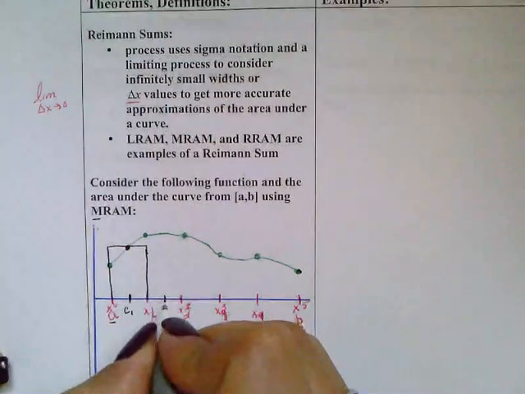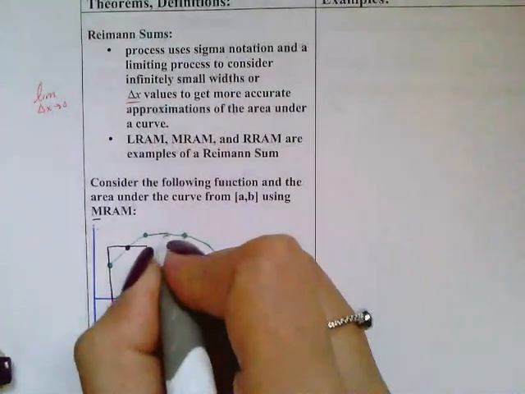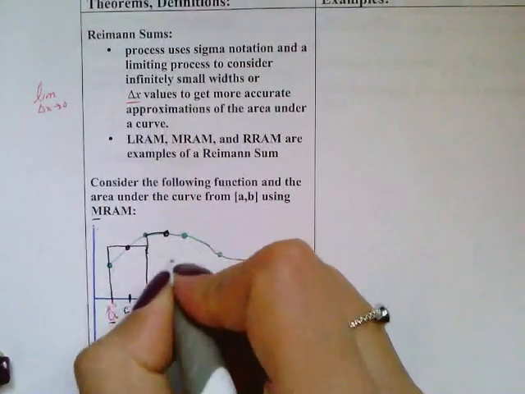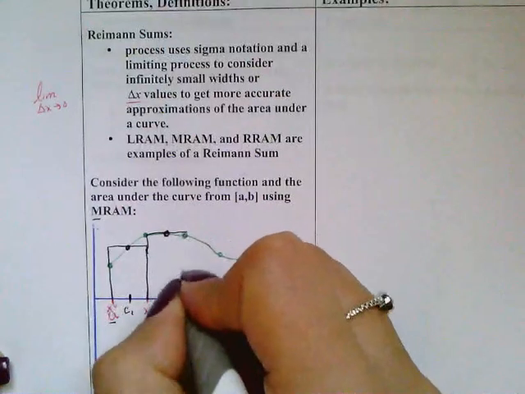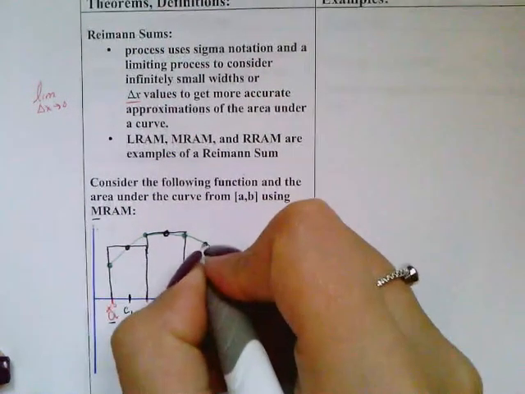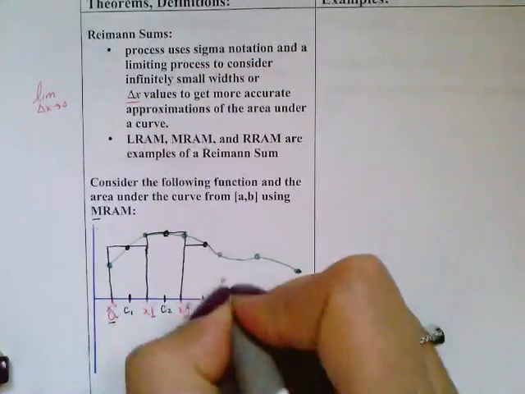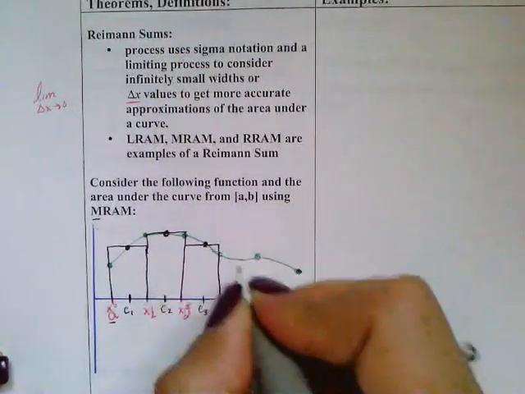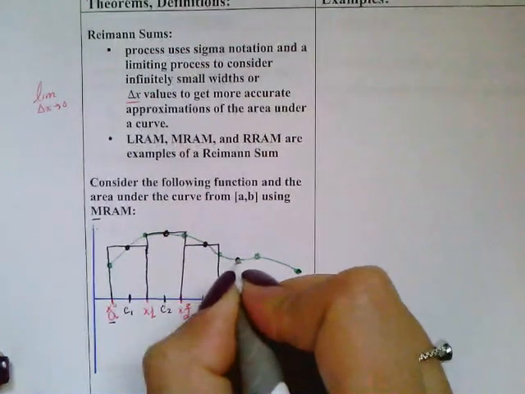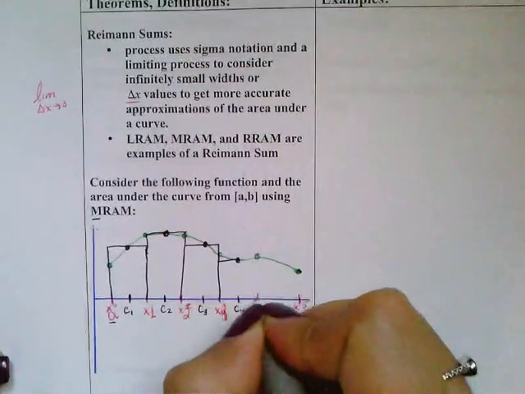Okay, I'm going to do the same thing for C2. Here's the midpoint, and now I'm going to make my rectangle for these 2 subintervals. Here's C3, up to the point, make my rectangle. C4, up to the point, make my rectangle.